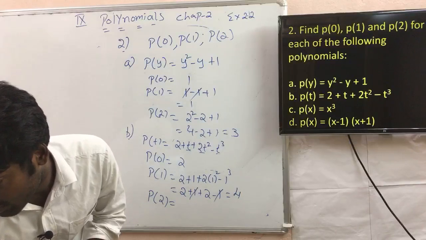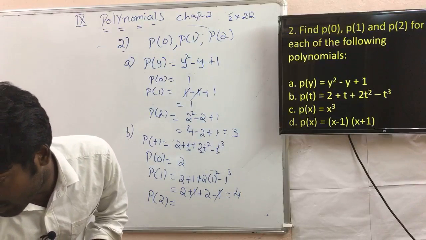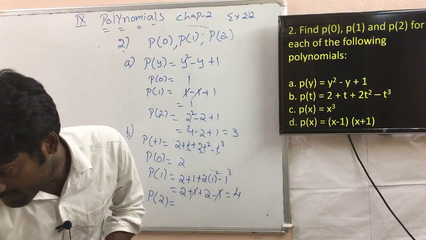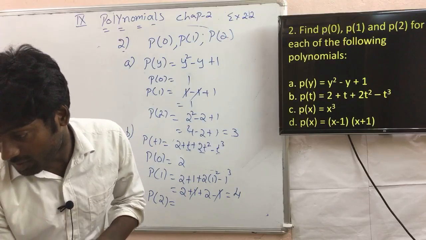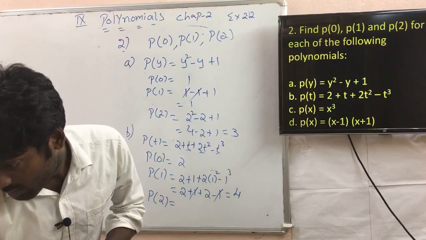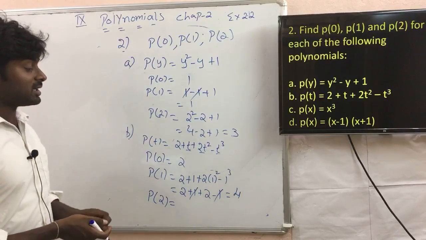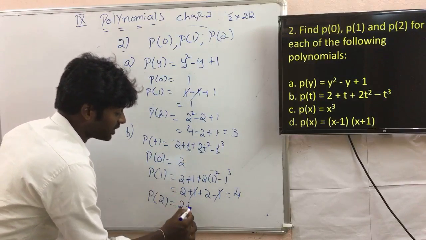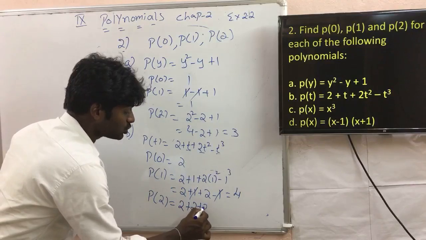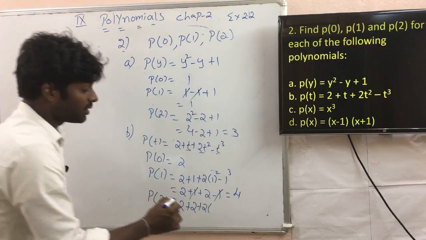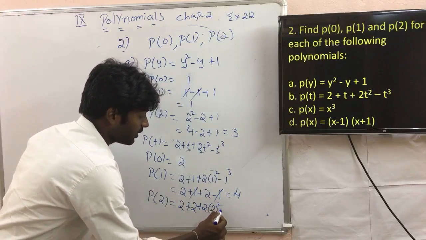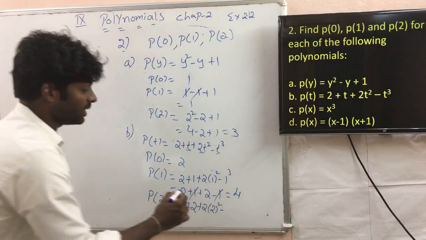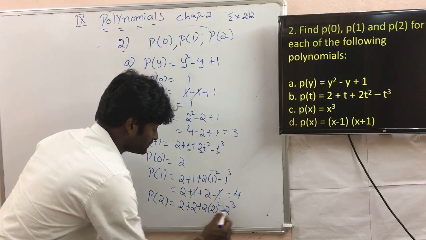Already answers are given. Riddhi and Sujit gave 4. Already Shivam gave 4 previously itself. It is not 10, 4 is the answer. Check once. In the place of t we get 2 plus 2 into 2 square, minus 2 cube.